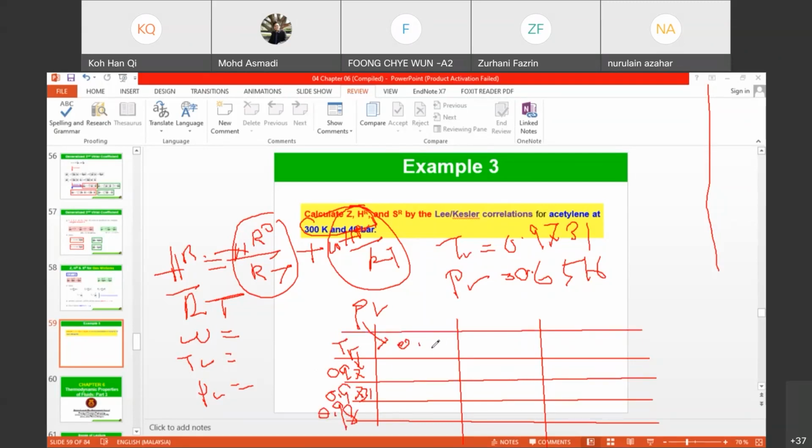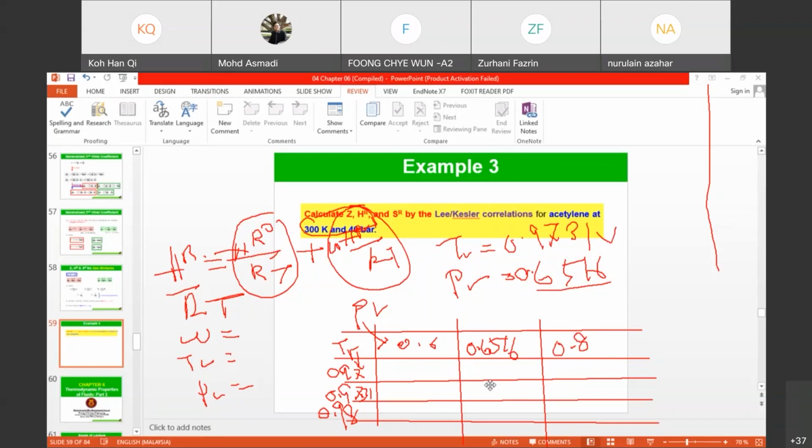Please find in the table 0.6516, 0.8. Okay, I see, because this value.